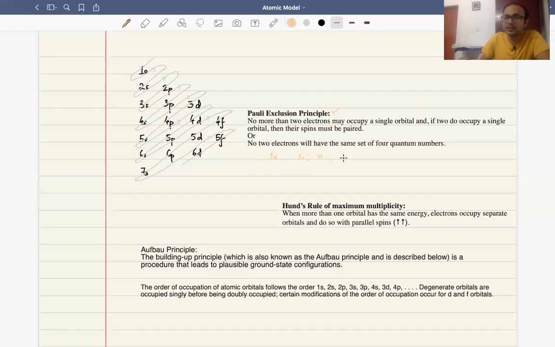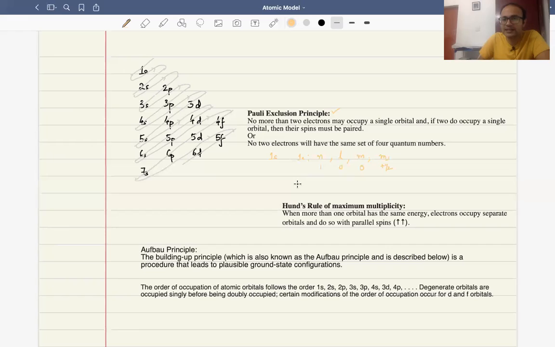So we have n, we have the l value, then we have the m value, and then we have the magnetic spin quantum number. Suppose we talk about one electron in this 1s orbital, so obviously n would be 1. Since it's an s orbital, l would be 0. And since the l value is 0, m is also 0. And the ms, suppose electron spin can have two values, plus half and minus half. So let us consider the first electron as having plus half.